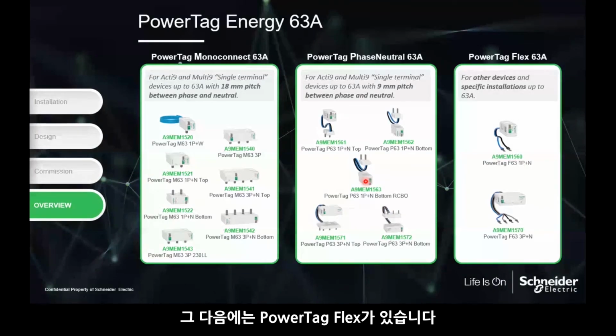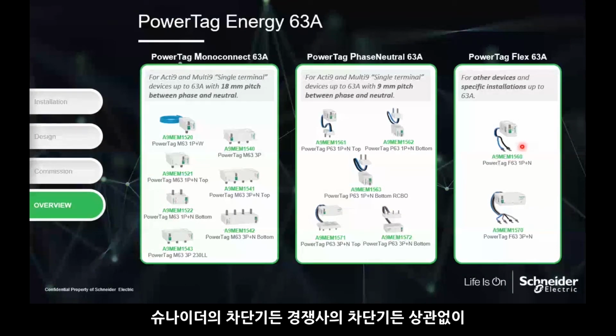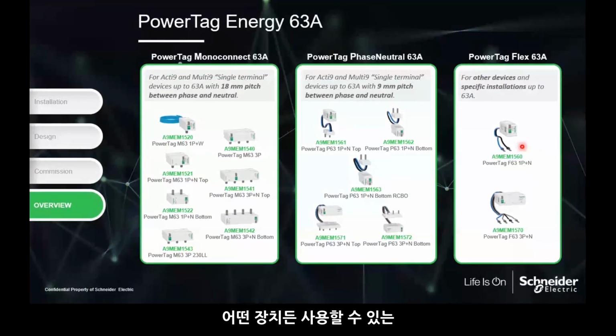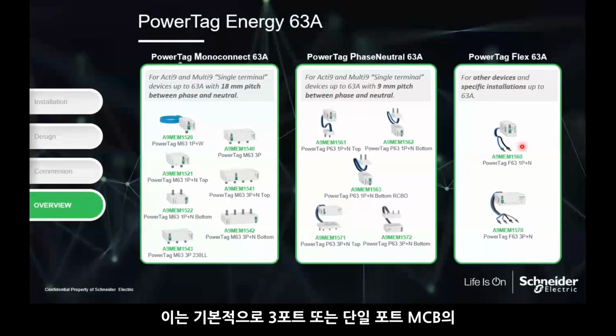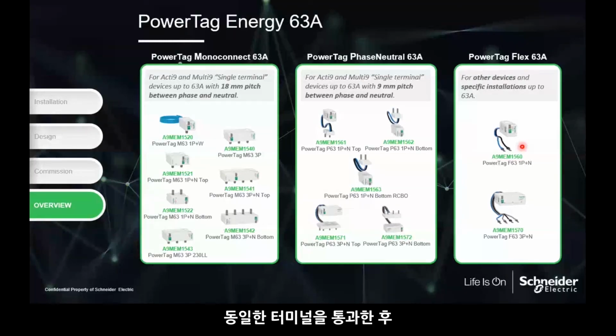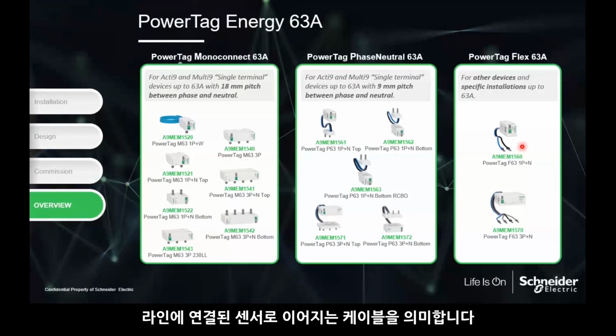And then we have a PowerTag Flex, which means that you're flexible for any of the devices, whether it is Schneider breakers or competitor breakers. If you want to do metering on those breakers, you can use the Flex type, all right, which is basically a cable that goes to the same terminal of the 3-pole or single pole MCBs, and then the sensors are hanging along the cable, right?